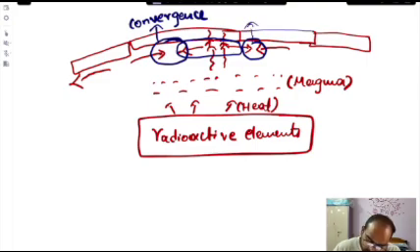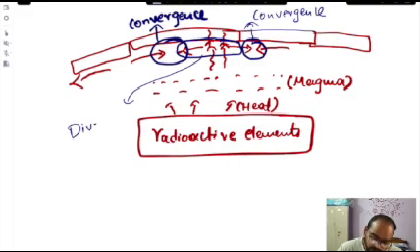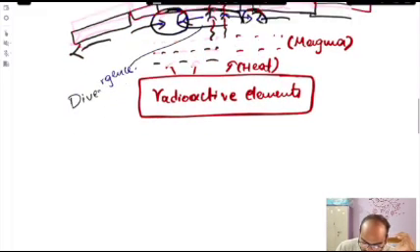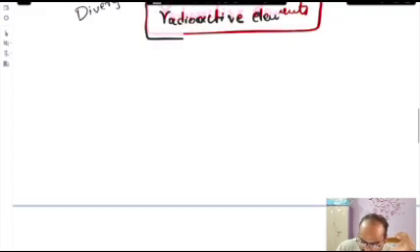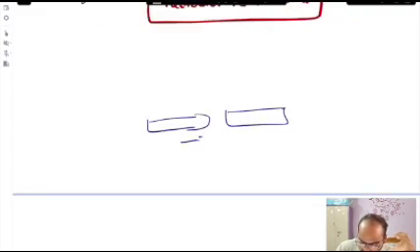It is convergence, and it is divergence. Due to the rising of the magma, as it hits the continental plates, those plates either diverge or converge. That means plates can move towards each other, or plates can move away from each other.